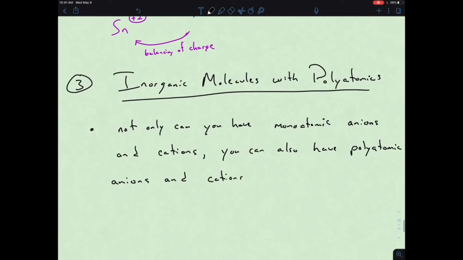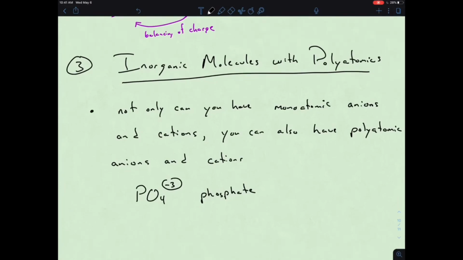So we have, for instance, phosphate as an example. We have a lot of these, to be honest. Sulfate, being another.